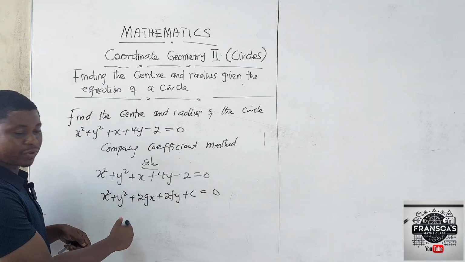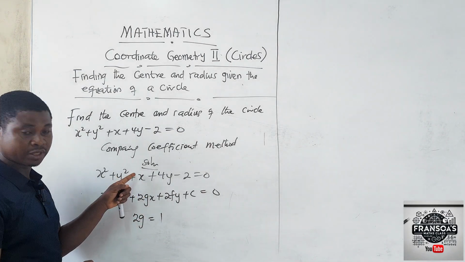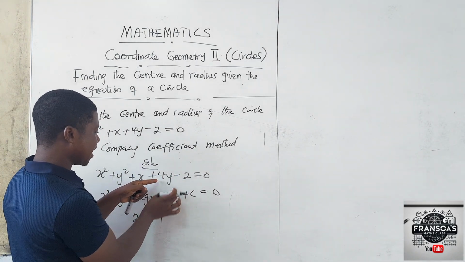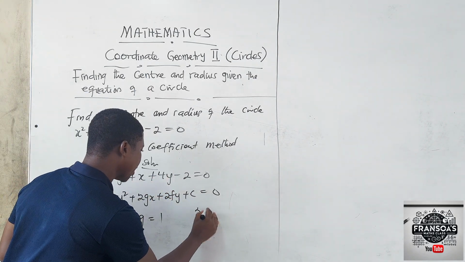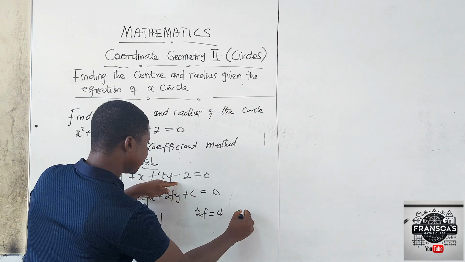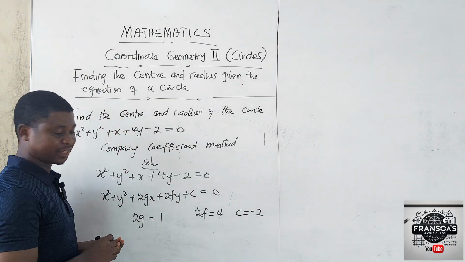When you compare this, we can say that 2g is equal to 1 because the coefficient of this one is 1. Then we have 2fy and we have 4y, so 2f is equal to 4 and c is equal to negative 2. With this, we can find g.